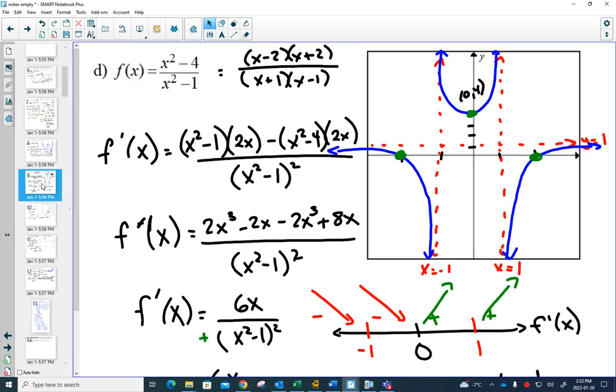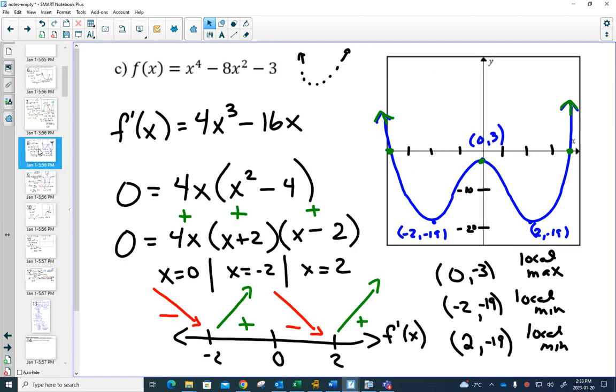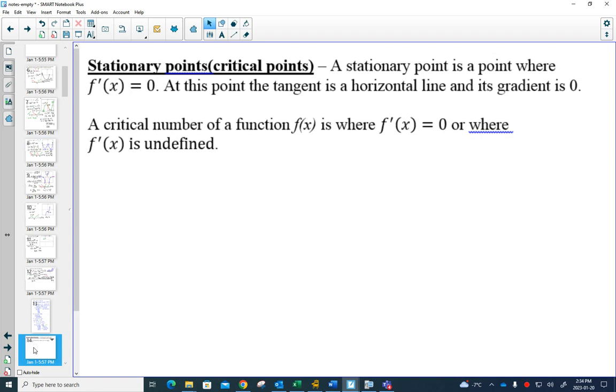In this equation, we had the non-permissible values. I added them as critical numbers on our number line in red. But most of them that we did just had places where the derivative was equal to 0. But -2, 0, and 2 would be the critical numbers. And they're critical because they are places where your original graph changes direction from decreasing to increasing to decreasing to increasing. So they're kind of important or critical for graphing.